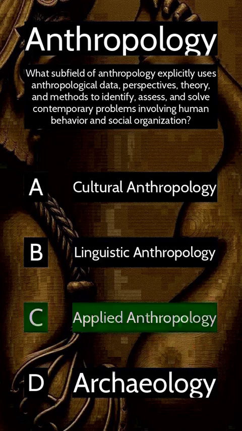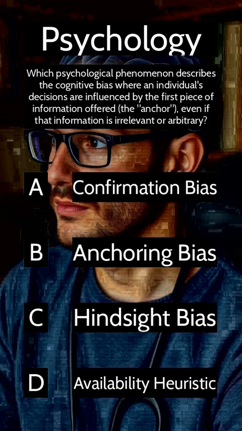Answer C. Applied anthropology. Which psychological phenomenon describes the cognitive bias where an individual's decisions are influenced by the first piece of information offered, the anchor, even if that information is irrelevant or arbitrary?